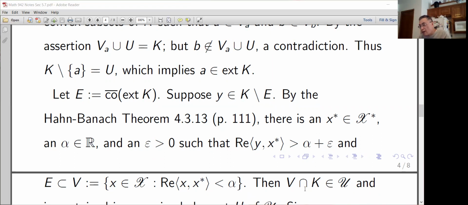So it's open, convex, and proper because the point Y is not in V, since on Y the functional is greater than alpha plus epsilon, and on V it is less than alpha. So this set V contains E, but it does not contain Y. So this is open, convex, and proper.